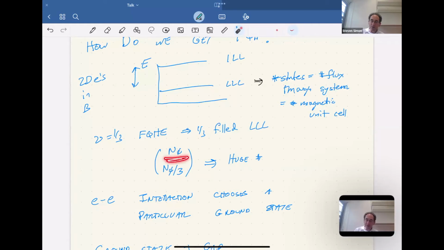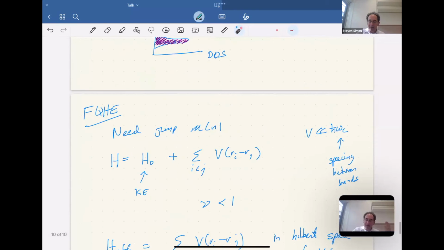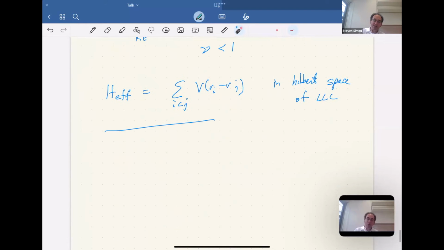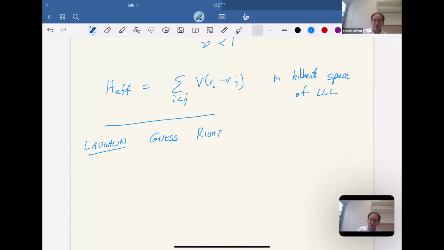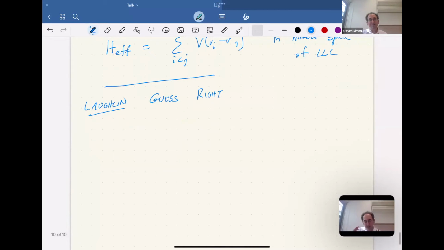I have this many orbitals, and I have to fill 1/3 of them, and there's an exponentially large number of possible ways that I can do that. And Laughlin's approach, this is what won him a Nobel Prize, is to basically just guess the right answer, which is always a good thing to do if you have the opportunity. You just guess the right answer and go from there.